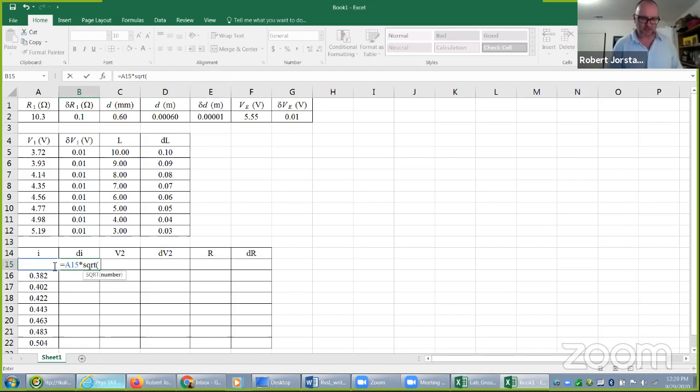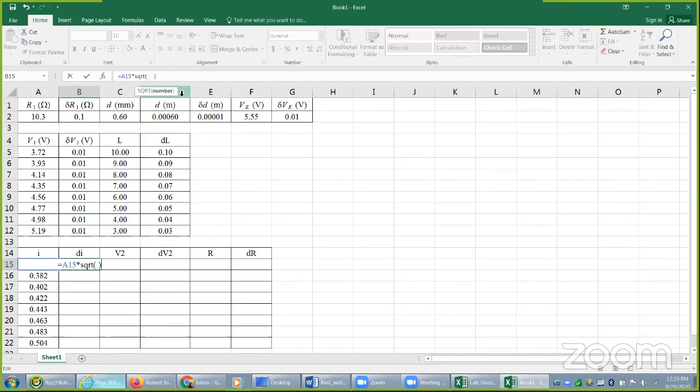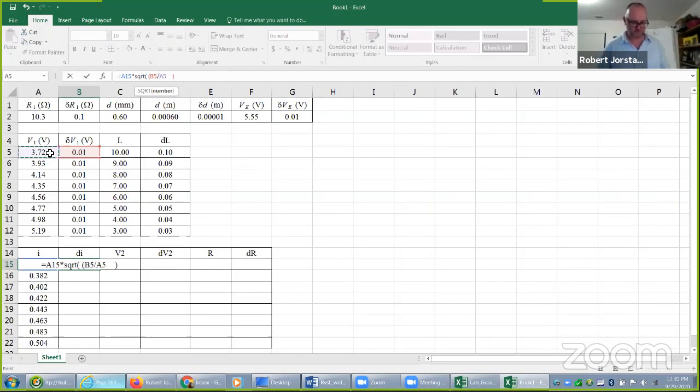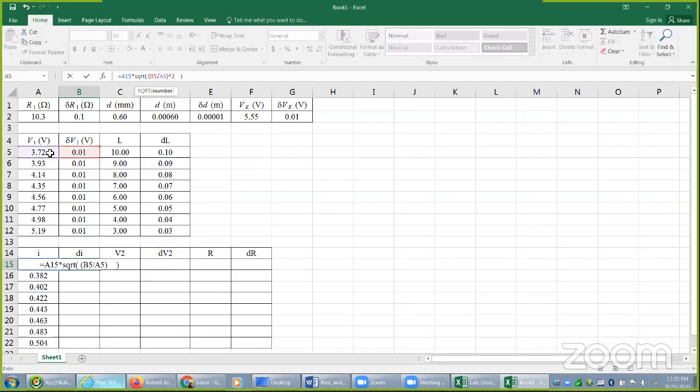Okay, and then just so I don't lose track of my parentheses, I'm going to put them in there and go up to here. Give myself some extra space, right? Yeah. So now what do I need to do? Then we're gonna have dv2 over v2, it's dv1 over v1 square plus dr1 over r1 square.